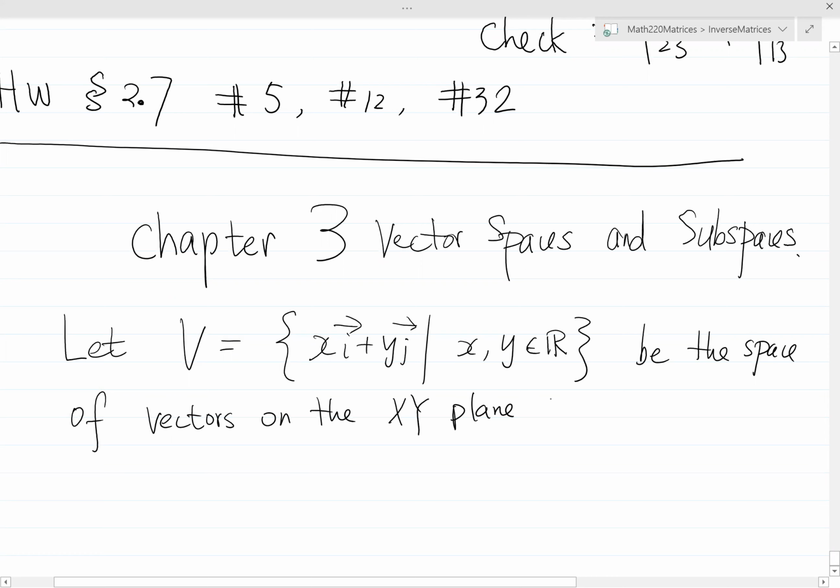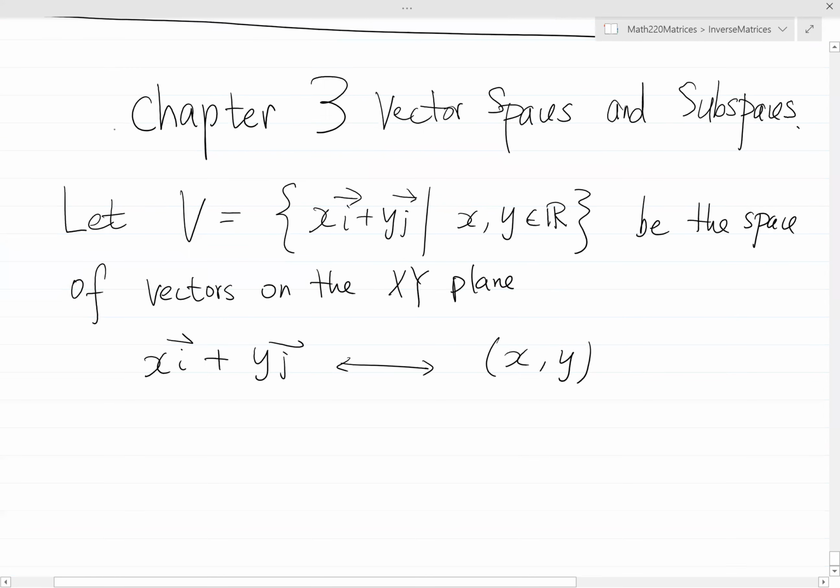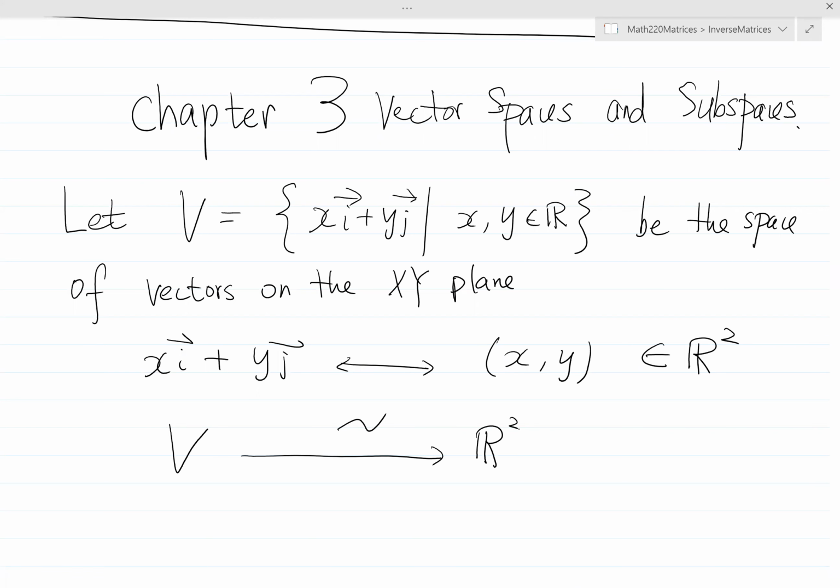Now for these vectors, each corresponds to a point (x, y). You see, V is in R2. So we have a correspondence of the vector space with R2, pairs of real numbers. We have the natural addition for vectors.